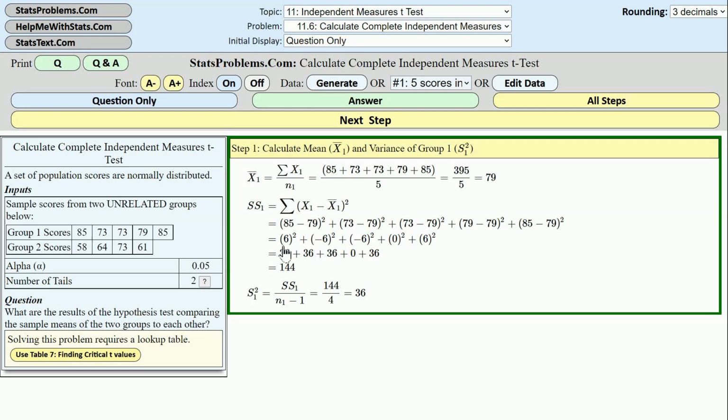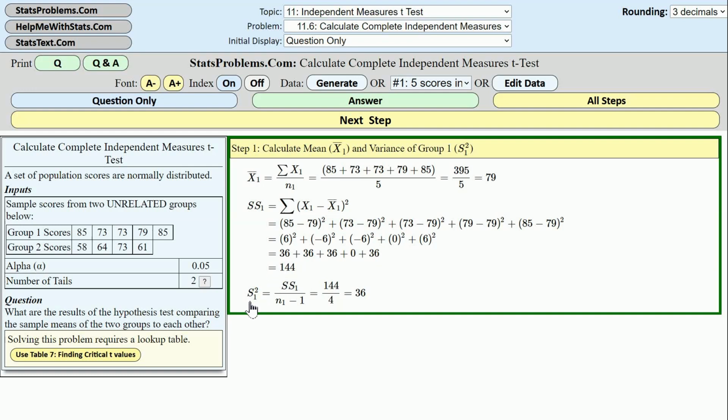This works out to 6 squared plus minus 6 squared plus minus 6 squared plus 0 squared plus 6 squared, which works out to 36 plus 36 plus 36 plus 0 plus 36, which works out to 144.